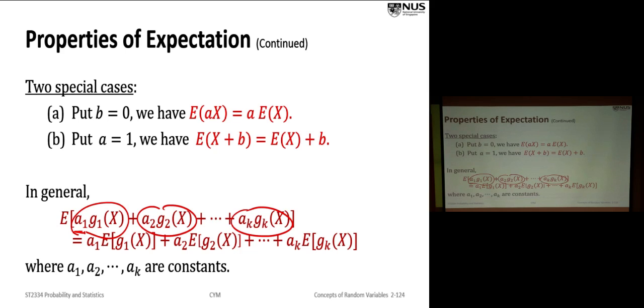So what it means is that if I create a new random variable, which is the sum of a1 times g1(x) plus a2 times g2(x) and so on, and find the expectation, it's the same as finding the expectation of each of these functions of random variable x first. So I find expectation of g1(x), expectation of g2(x), and so on, and then multiply by ai, and then sum them up. Okay?